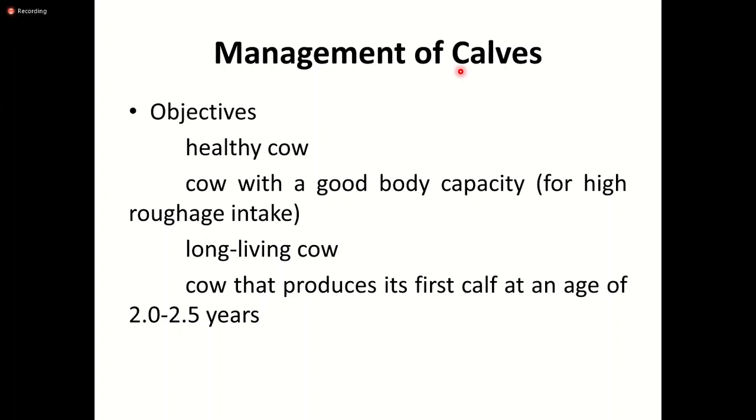Once bred, within the next 10 months or so we should get the first calf. So the total age of this animal would be about 2, maybe 2.5 years maximum to get the very first calf.